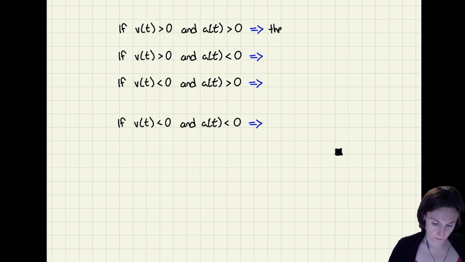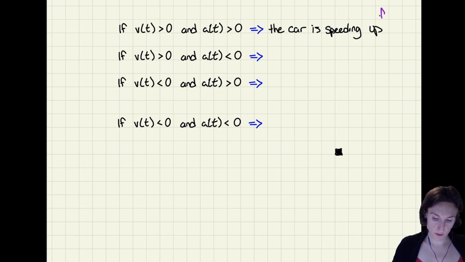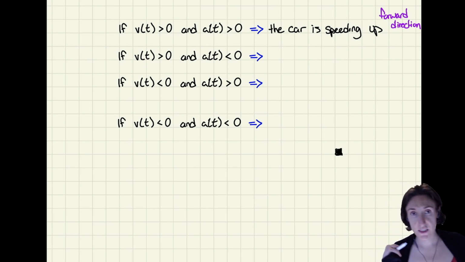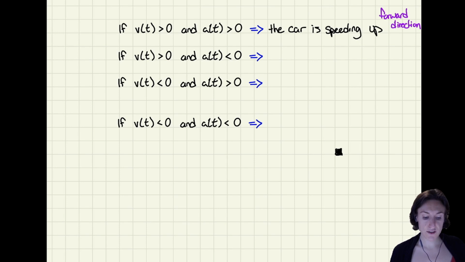So the car is speeding up, and I'll put here forward direction, just to make sure that's clear. Now, what happens if your velocity is positive, but your acceleration is negative? It means that you're still moving forward, but your car is slowing down.